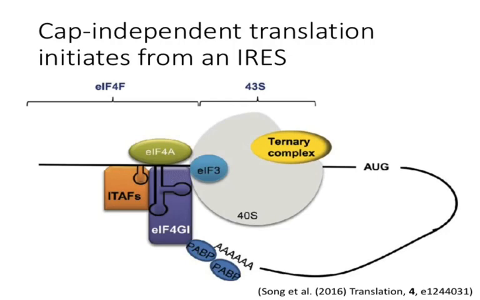Note here that the eIF4F complex is slightly different. In this IRES example, we have eIF4A, G, poly-A binding protein, eIF3, and then what's known as an ITAF, and these are a class of proteins that typically seem to be associated with the IRES as well in these processes.